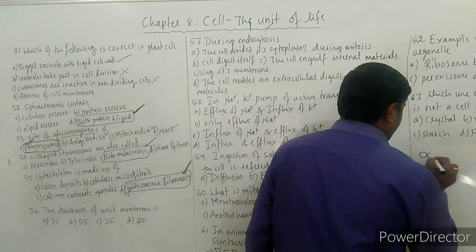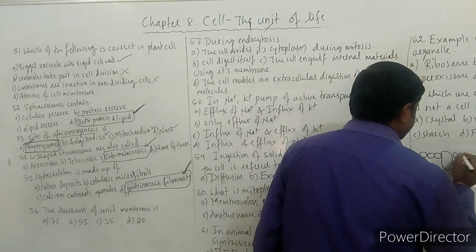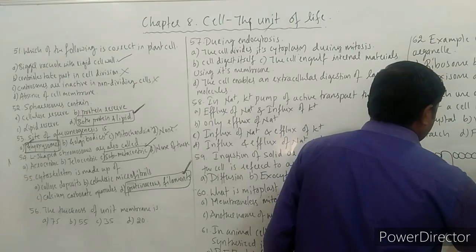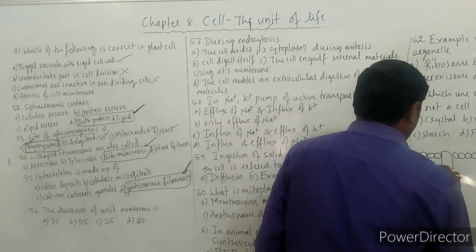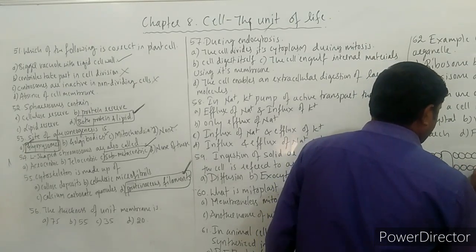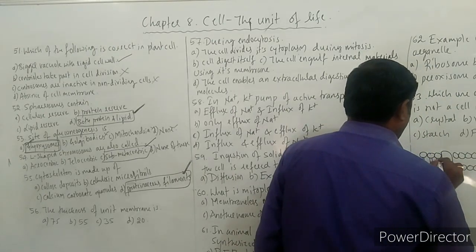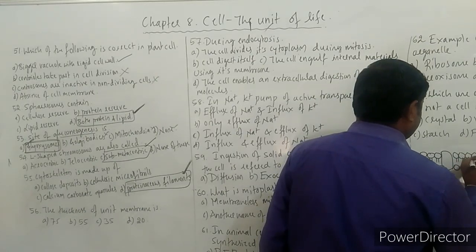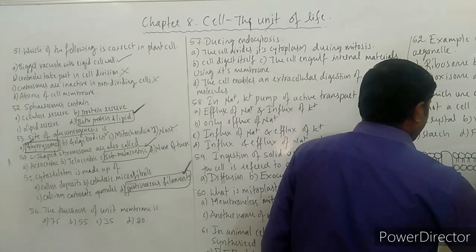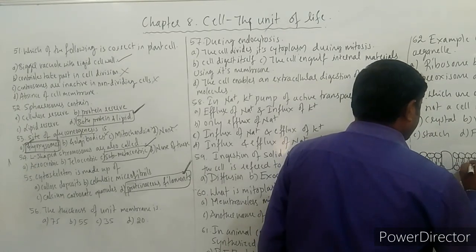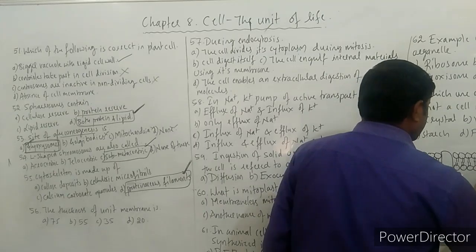Here you come across a lipid bilayer, and next are the non-polar fatty acid tails, and here the polar lipid heads, and those lipids are especially phospholipids. You know these aspects.